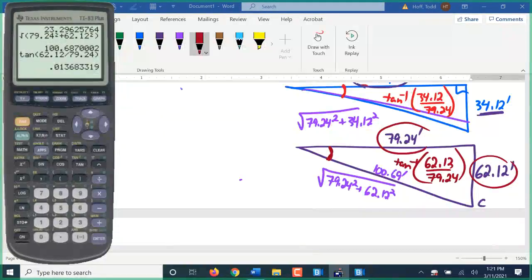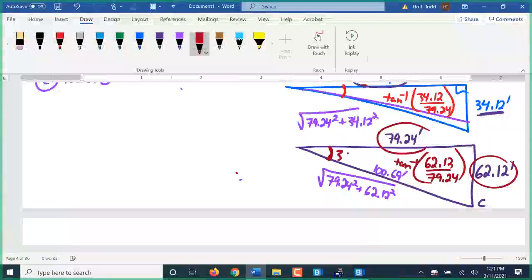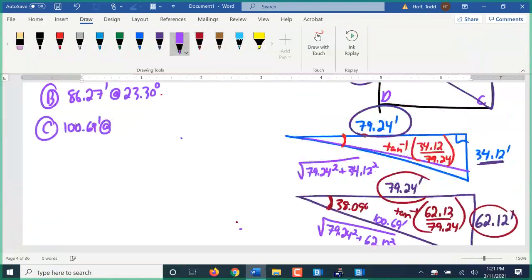Oops, I hit the wrong key. I did second tangent. The second didn't register for me. There we go, 38.09 degrees. That's 100.69 feet at 38.09 degrees.